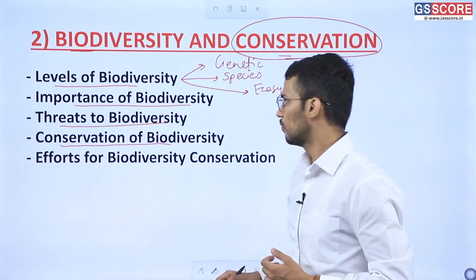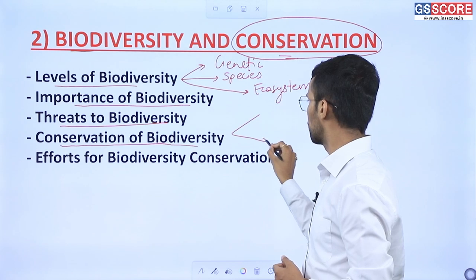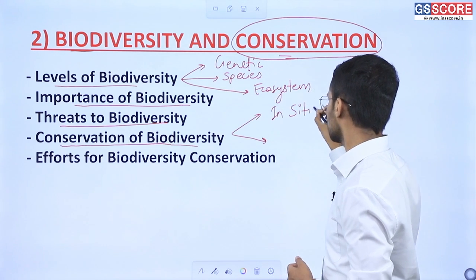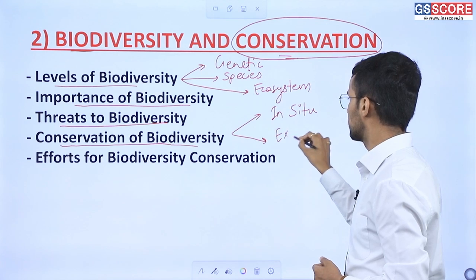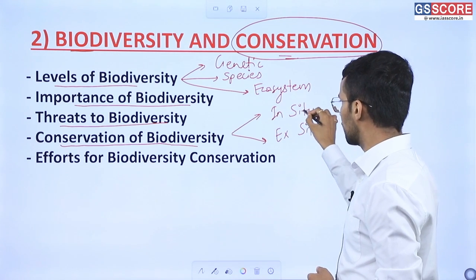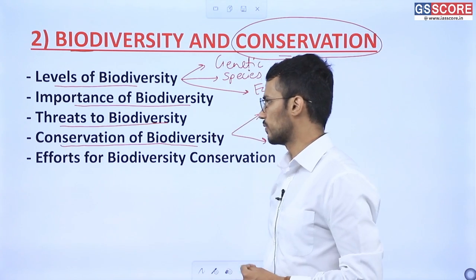And for this conservation of biodiversity, we can follow two approaches. First is the in situ approach, and second is the ex situ approach, right? So these approaches we will be studying under biodiversity and conservation.